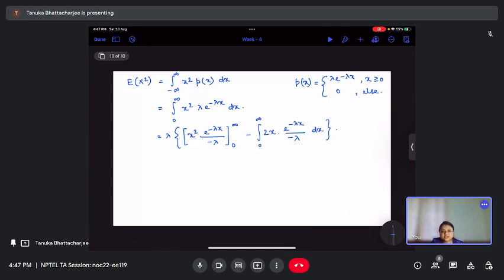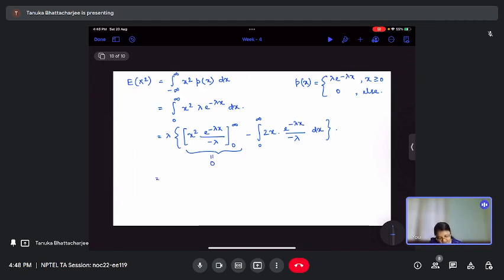So, this is the expression. Now, again in this term, if you put infinity in place of x, you get e to the power minus infinity and the term becomes 0. Also, if you put the lower limit 0 in x, since we have the term x square, this term again becomes 0. So, this term completely vanishes, this is equal to 0.